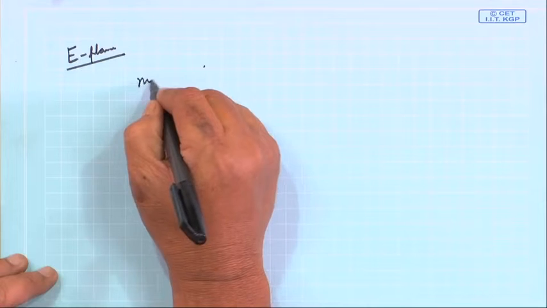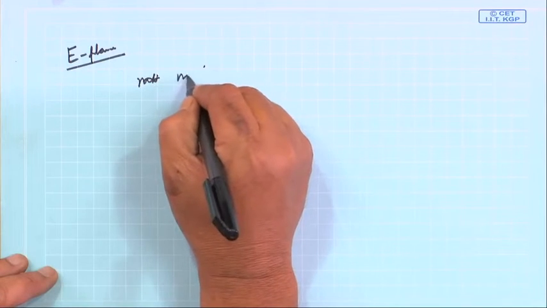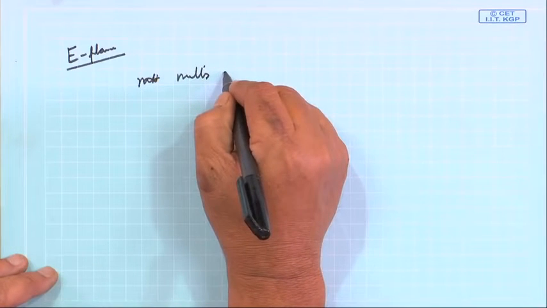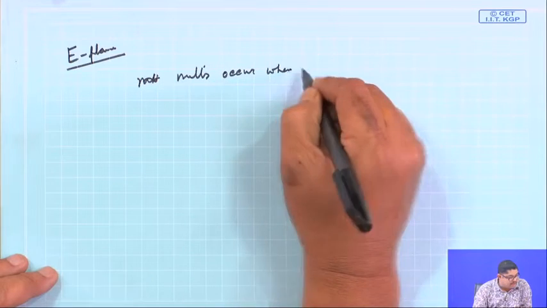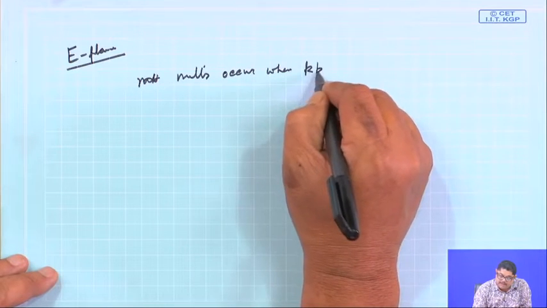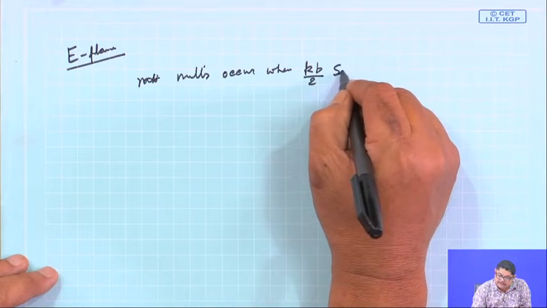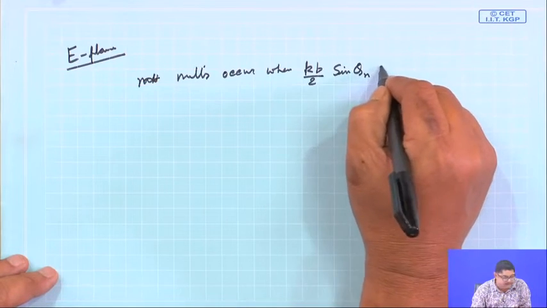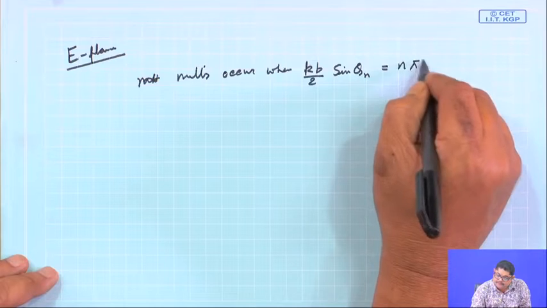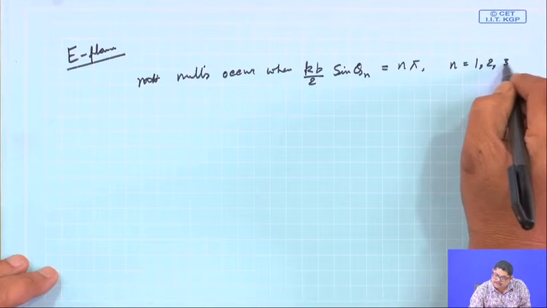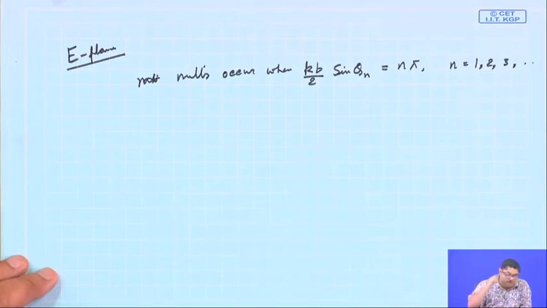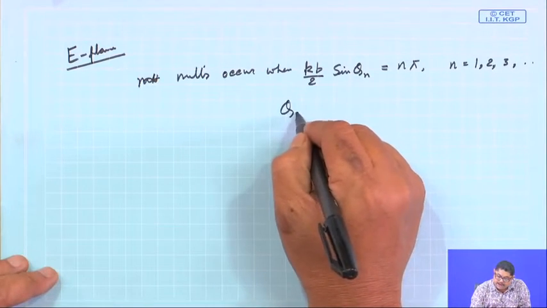So, nulls occur when kb by 2 sin theta n is n pi, where n is equal to 1, 2, 3, etc. So, what is the value of theta n?